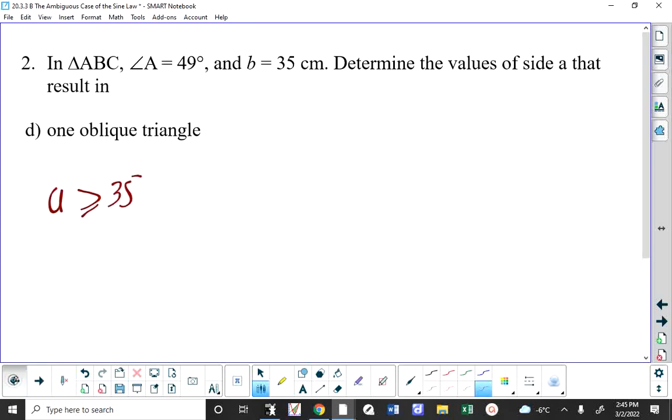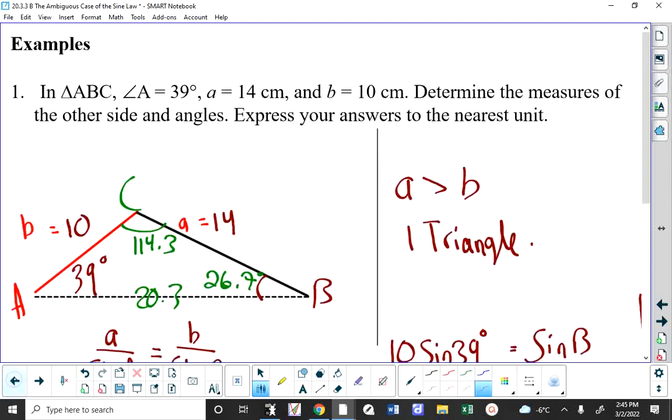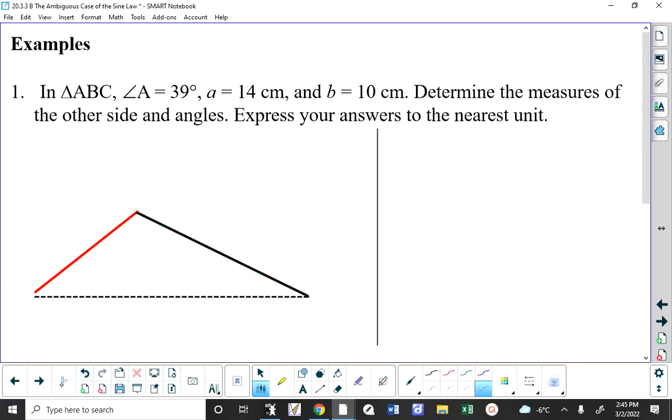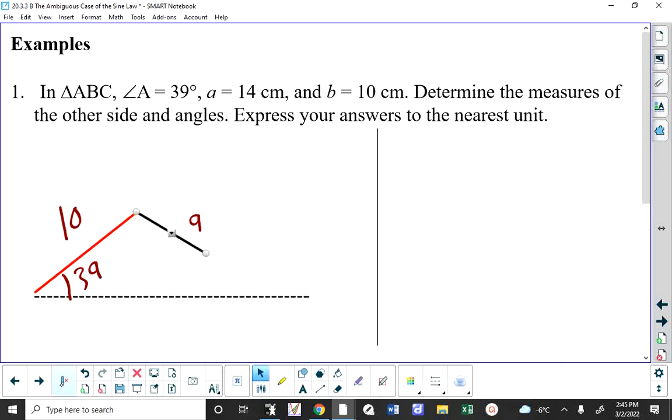Okay. I just want to point out to you that if we were to look at question 1, and let's say that I changed question 1. I just want to prepare you for what's going to be expected. Let's say that I changed this to, that's a 9, not an A. Let's say I said it was 9 centimeters. Is it pretty clear that there would be 2 triangles?